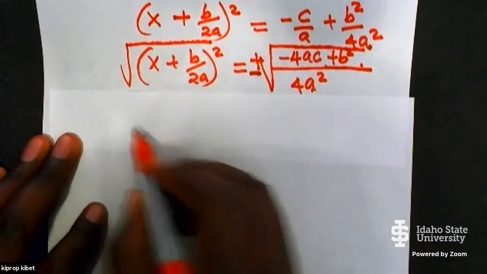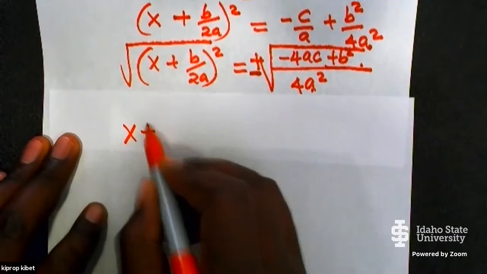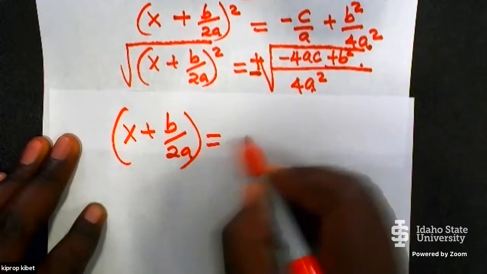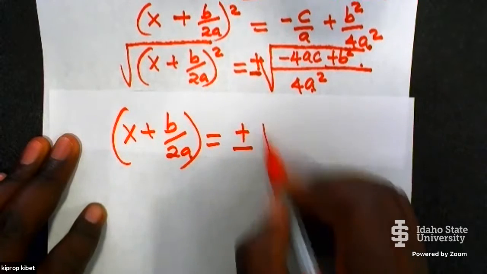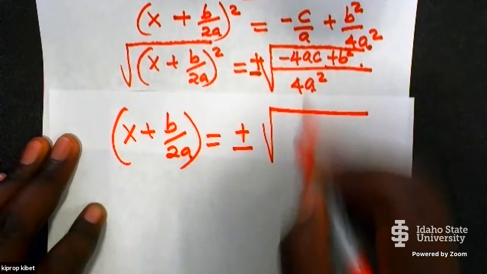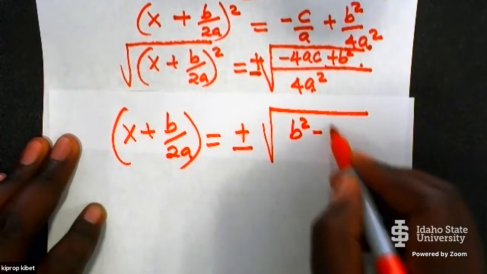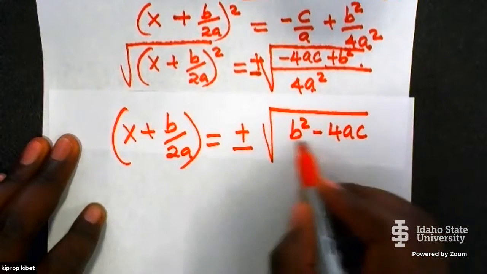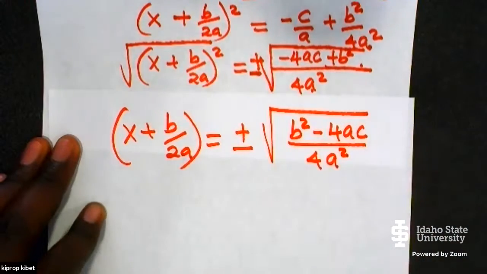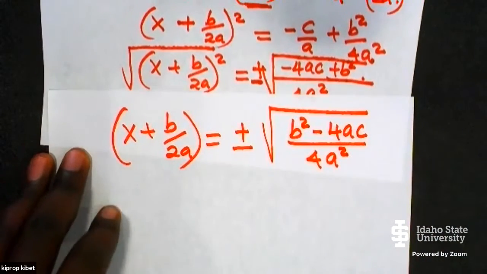So we have x plus b all over 2a equals plus or minus the square root of b squared minus 4ac all over 4a squared.